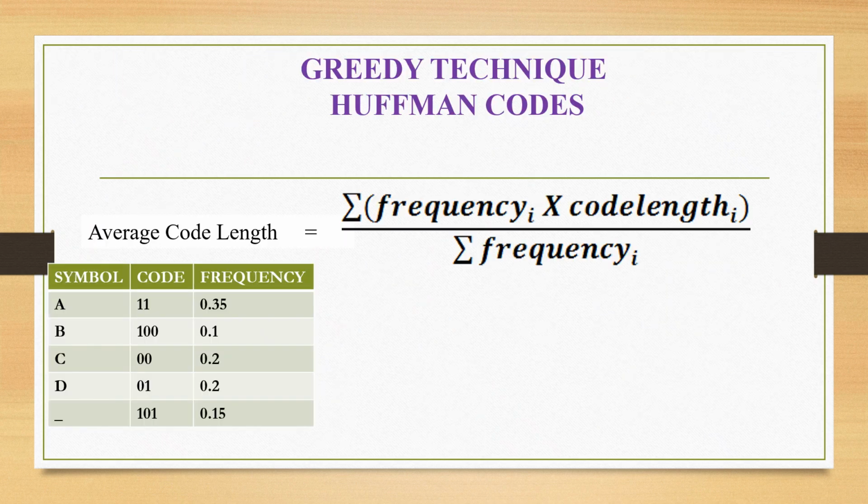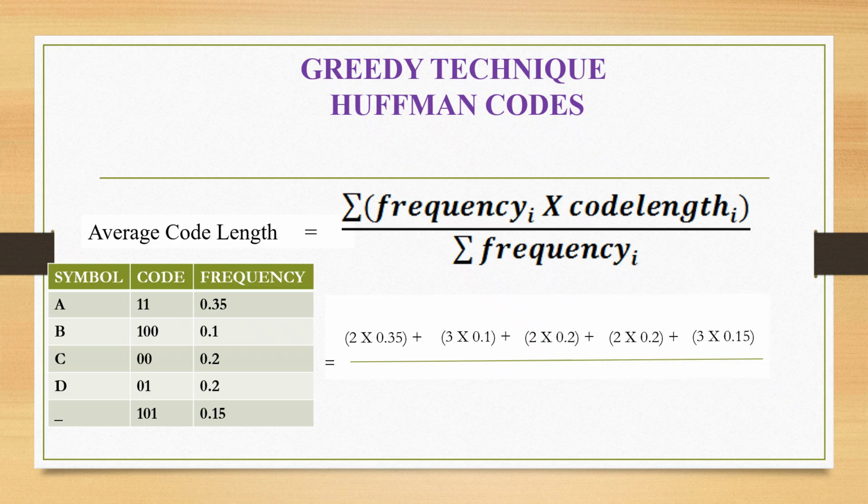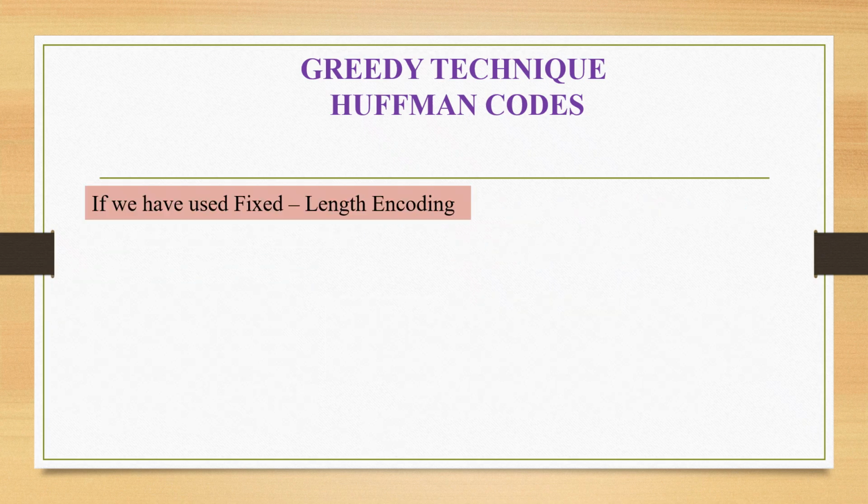The average code length is calculated as the sum of frequency times code length, divided by the total of the frequencies. The code lengths are 2, 3, 2, 2, 3: 2 into 0.35, 3 into 0.1, 2 into 0.2, 2 into 0.2 and 3 into 0.15, which gives the average code length of 2.25.